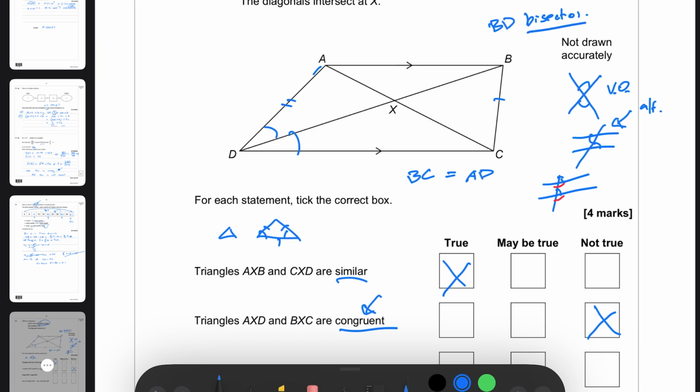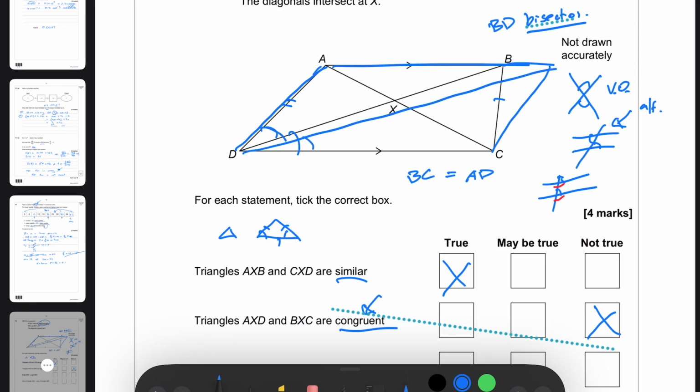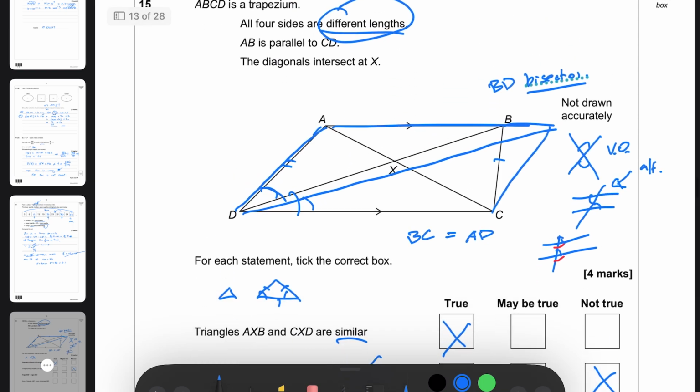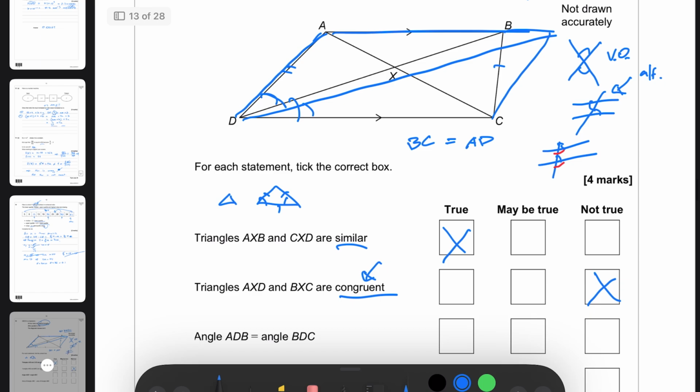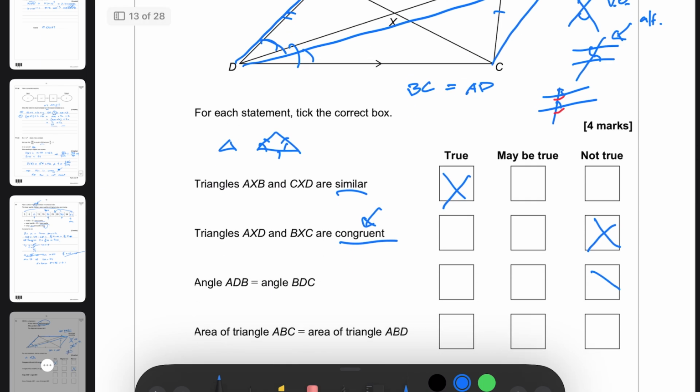And the only way that this is going to be possible is if this is a parallelogram, so if AD and DC here are the same, and then we'll have BD as a proper bisector. However, once again, since all the sides are different lengths, these sides are never going to be the same, and this is never going to be a parallelogram. It's not going to be any gram, to be fair. So this is once again not true.